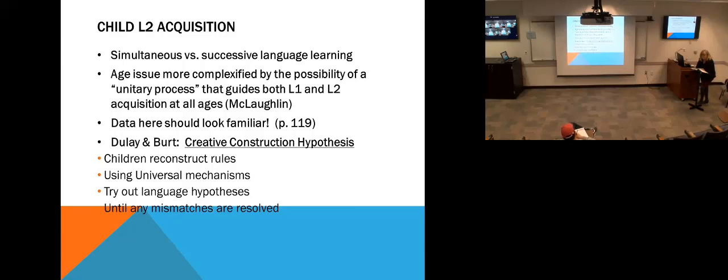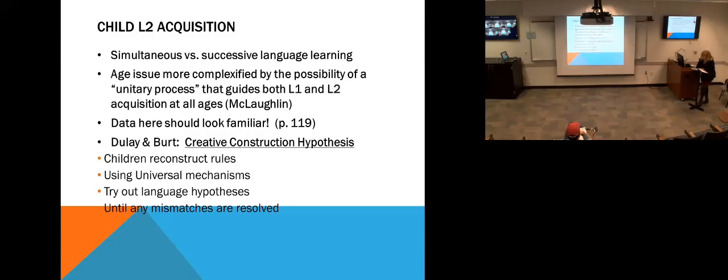So the field started out mirroring L1 child language acquisition. Then it said, ooh, but maybe it's different for L2. So they started looking at children who were L2, right? And then eventually we moved to adults.